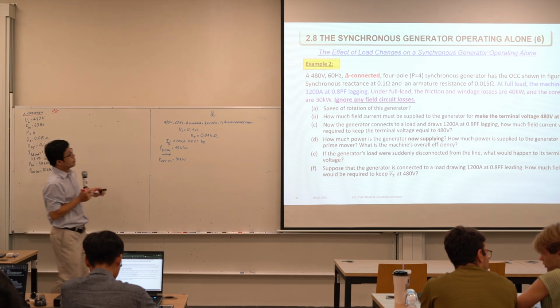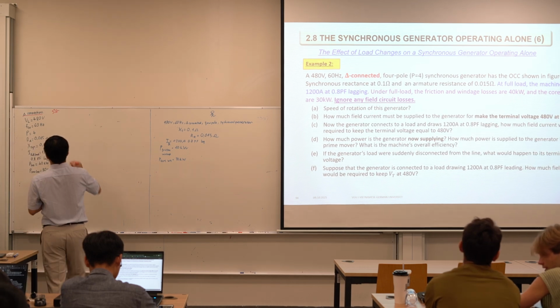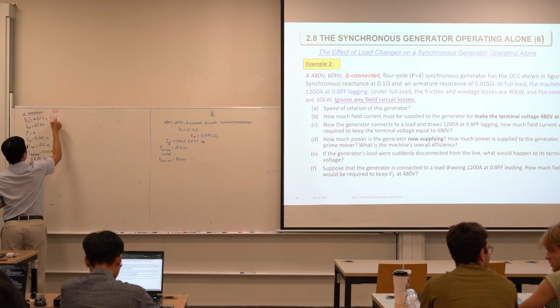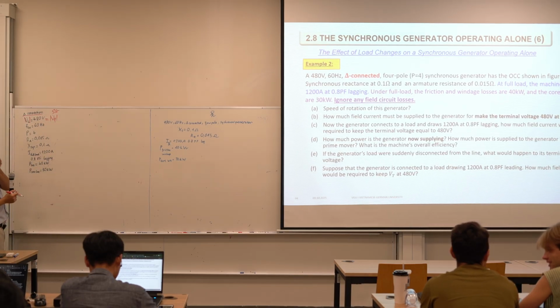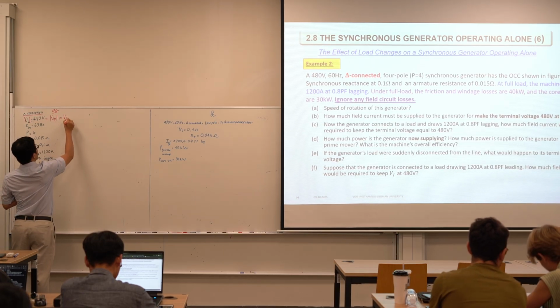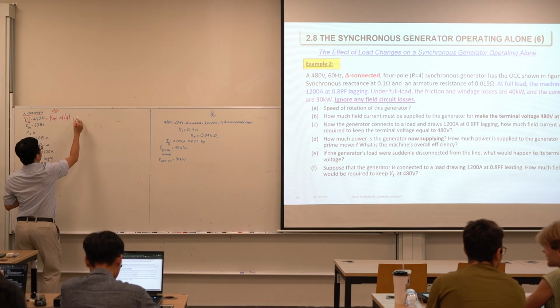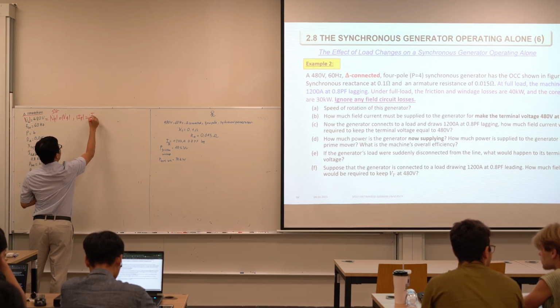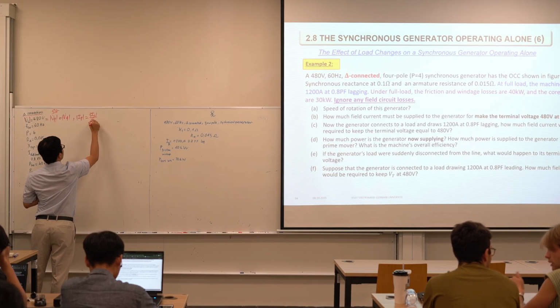Delta connection means we have VL equal to V phase, and I phase is IL over square root of 3.